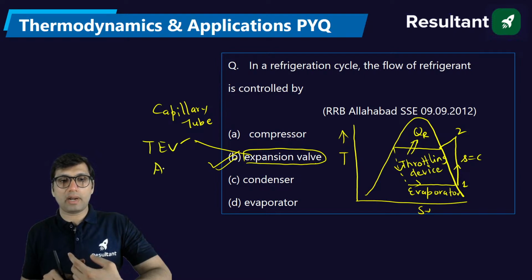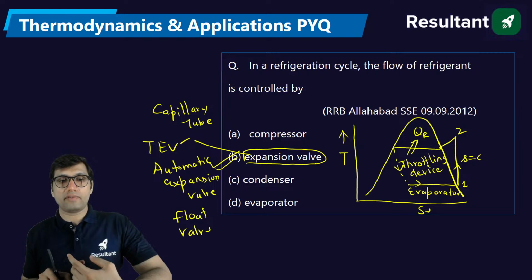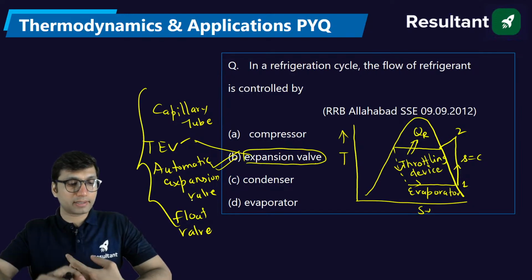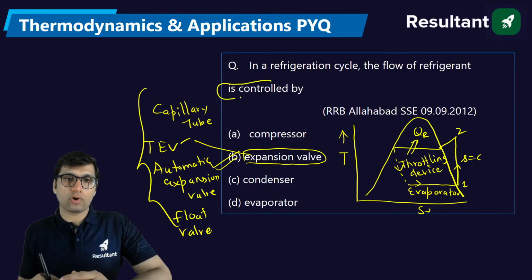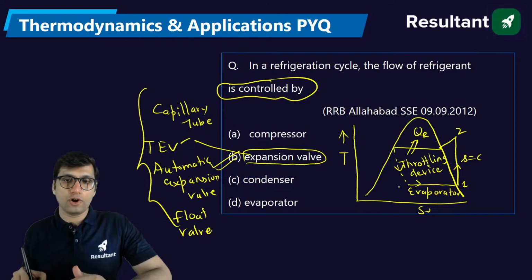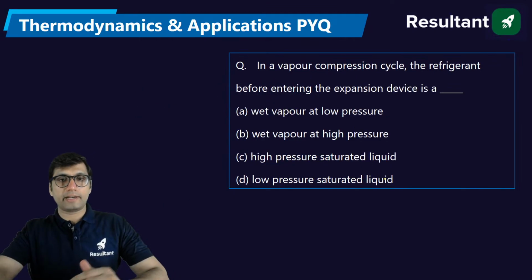It can be an automatic expansion valve. It can be a float valve, depending on which type of evaporator is used. There are different types of expansion devices, but the function of the expansion device is to control the flow of the refrigerant and also reduce the pressure of the refrigerant from condenser pressure to the evaporator pressure, right?